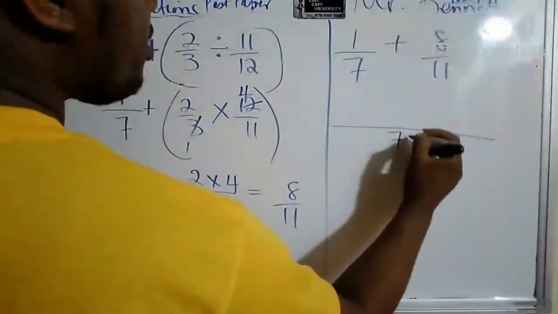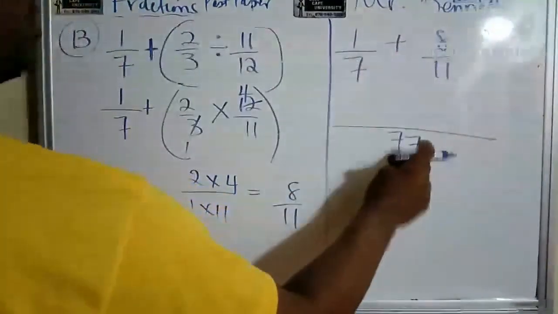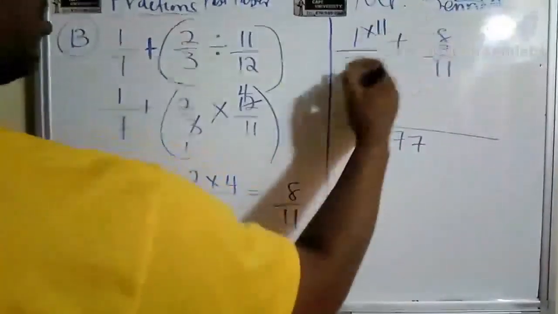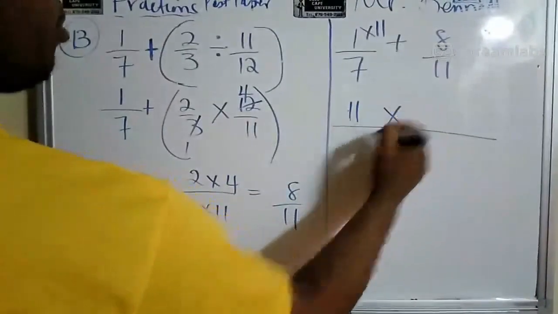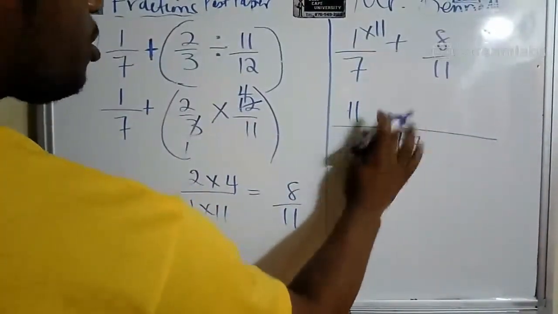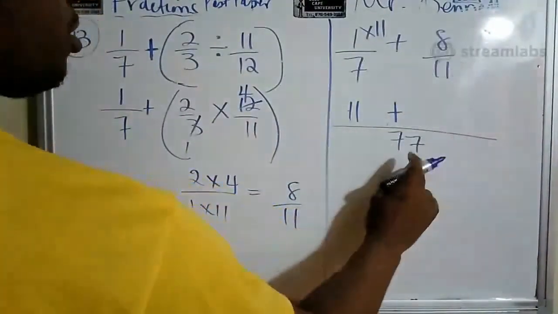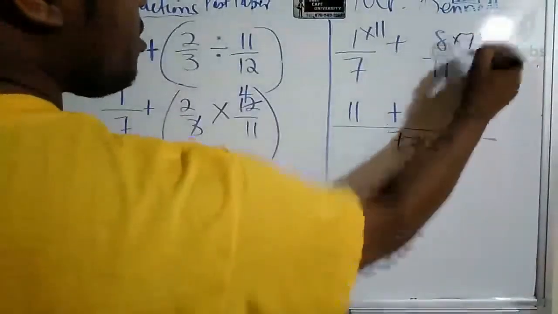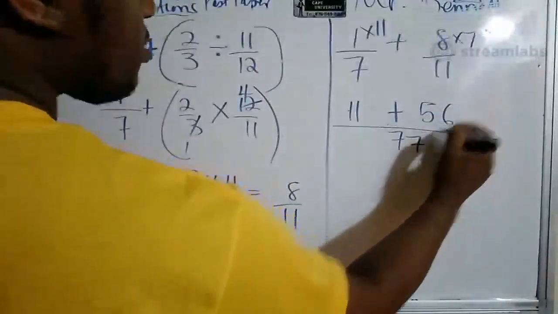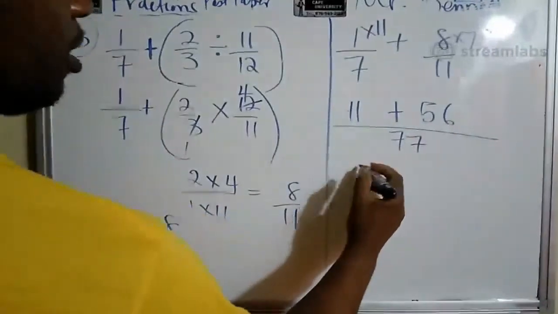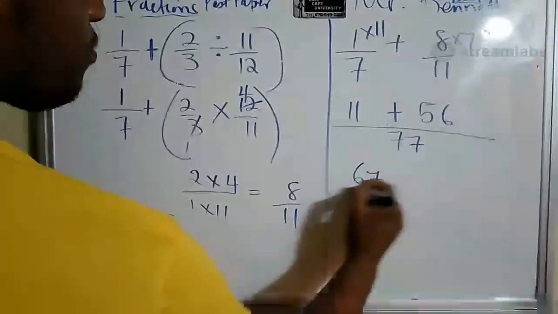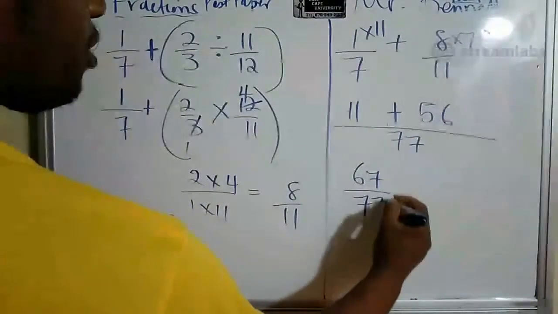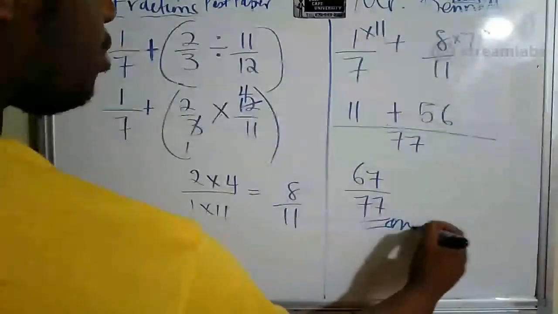So this would be 77. 7 into this goes 11. 7 into that leaves 7. 7 times 8 is 56. So now we can add it and we get 67 over 77. And that will be our answer.